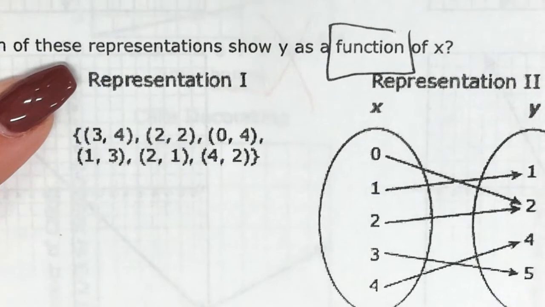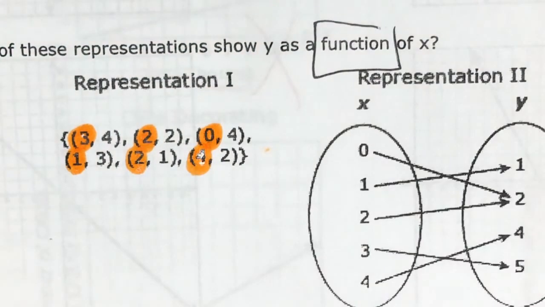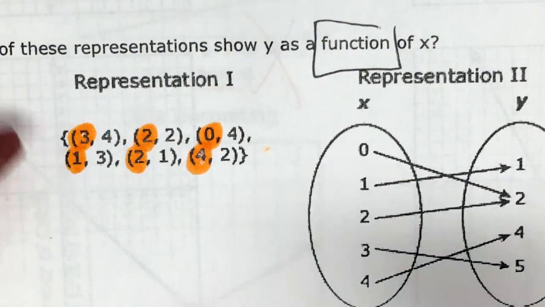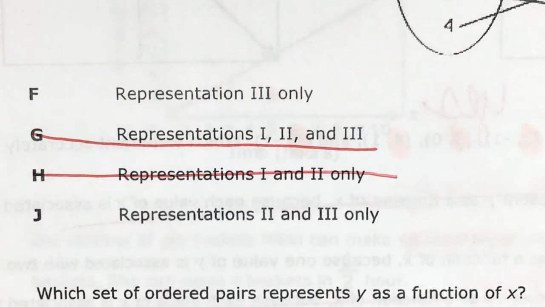I'm going to only look at the x's. 3, 2, 0, 1, 2, 4. Is it a function? No. Why? Because there's 2 2's. So look what I can mark out. G and H, because they had 1 in them. And 1 is not a function.